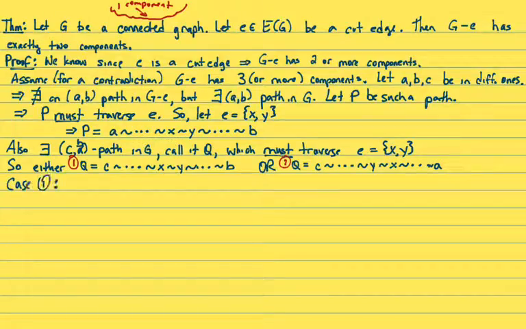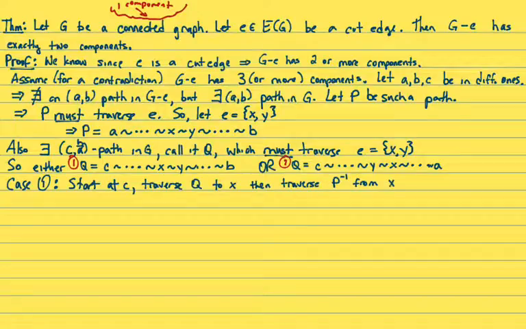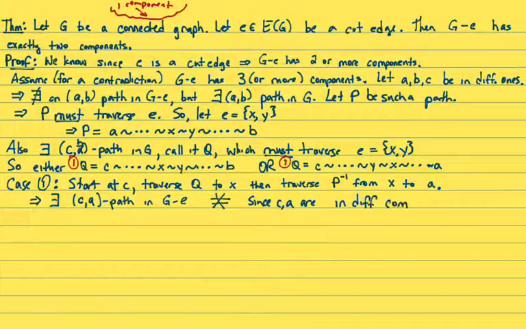So in case 1, we start at C, follow Q until we get to X, then jump to path P and traverse P inverse from X to A, which means there is a CA path in G minus E. Now there may be some overlap, but because of the theorem that says if there's a walk then there's a path, I have found a path from C to A, but that's a contradiction, since C and A are in different components in G minus E.